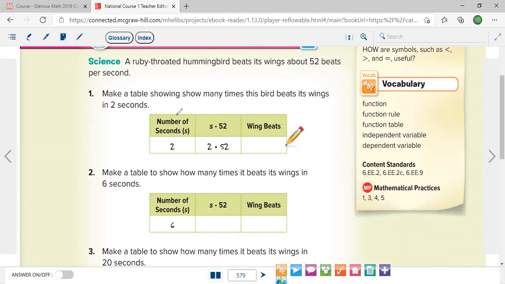If we suppose that the number of seconds is s, so we have 2 seconds, and this will be s, meaning the number of seconds multiplied by 52. So this will be 2 times 52, which is 104, as you can see.